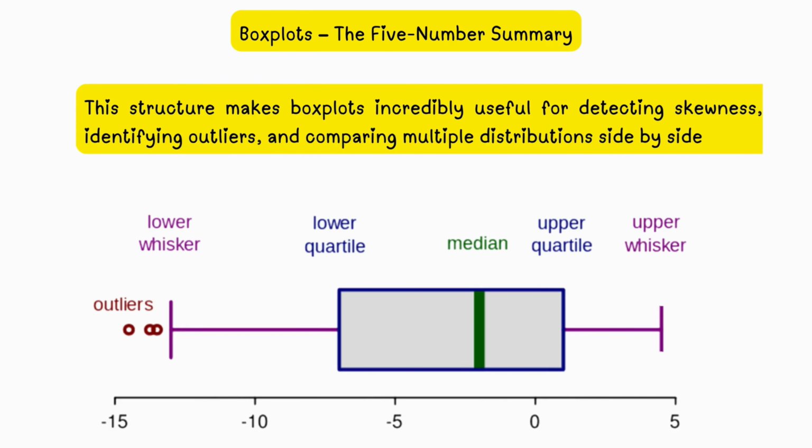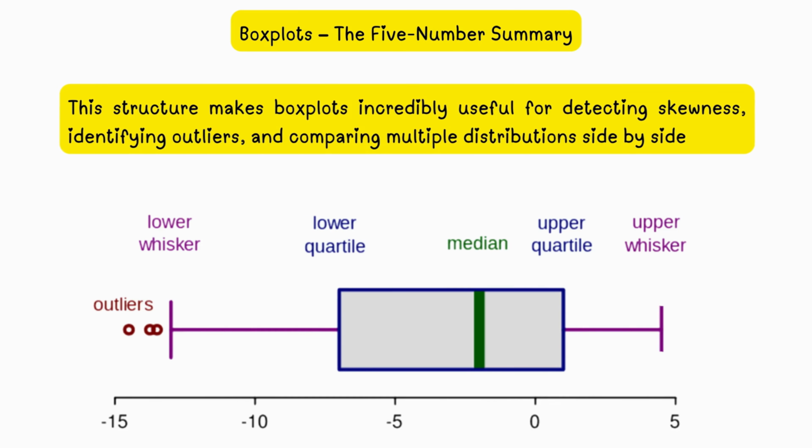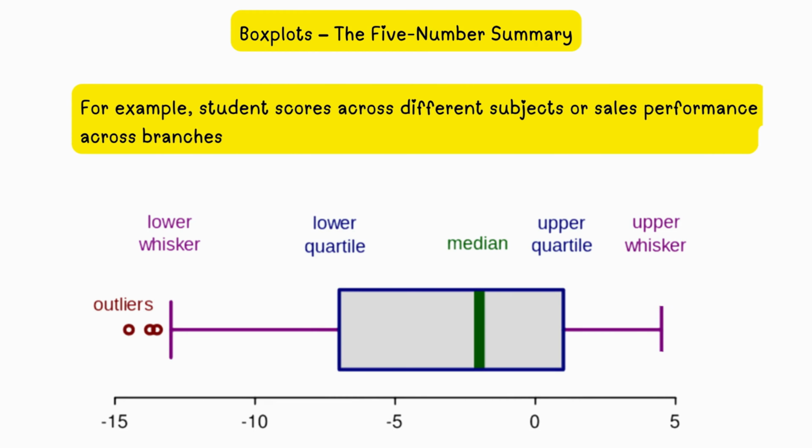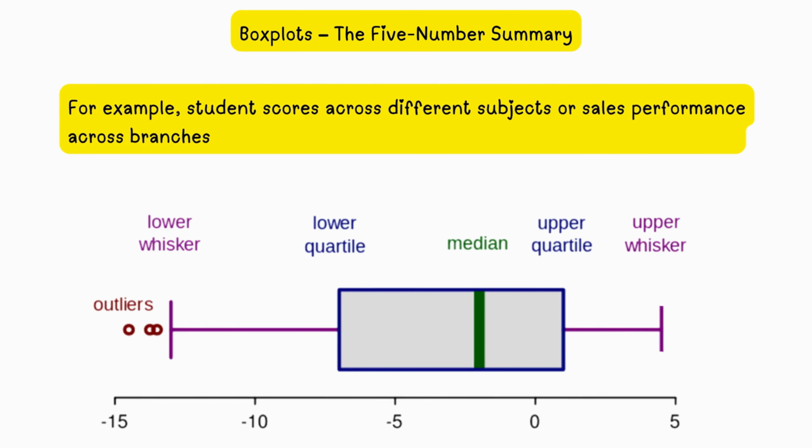This structure makes box plots very useful for detecting skewness, identifying outliers, and comparing multiple distributions side by side. These comparisons can be student scores across different subjects or sales performance across branches.